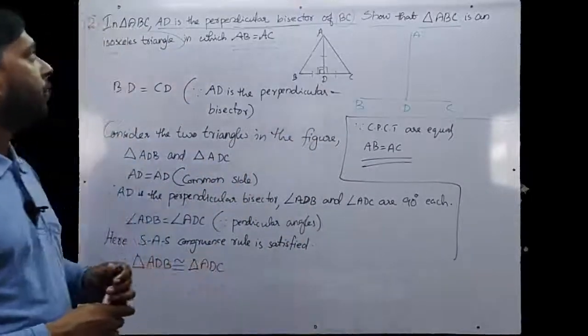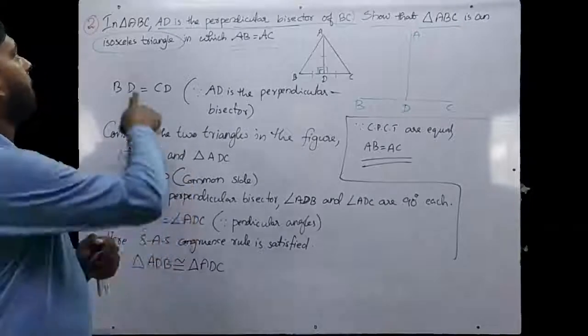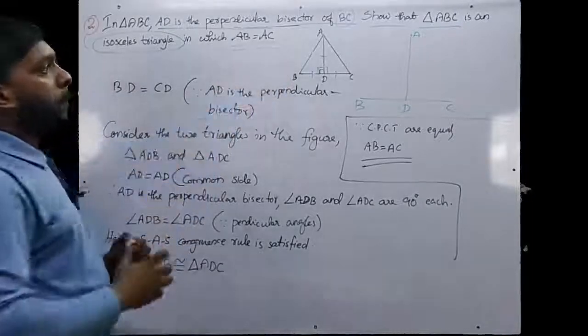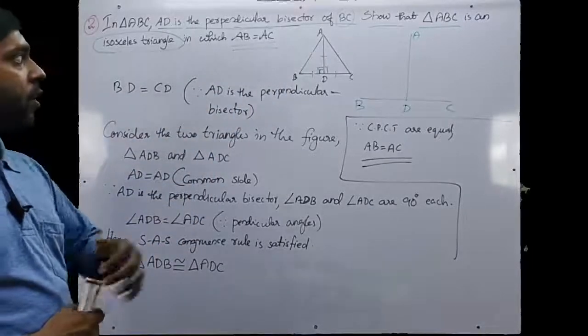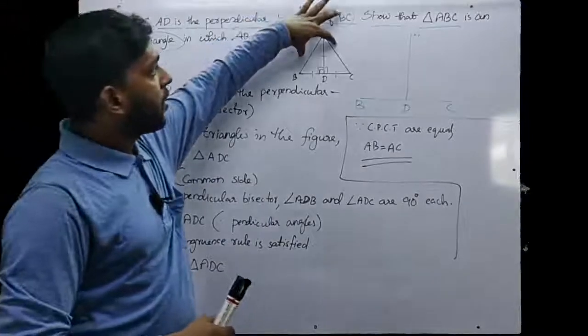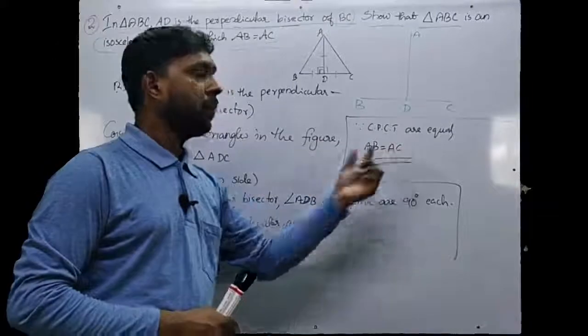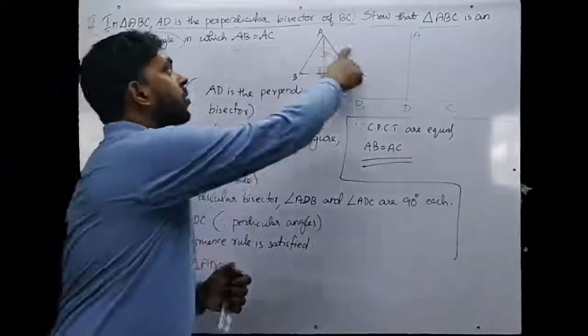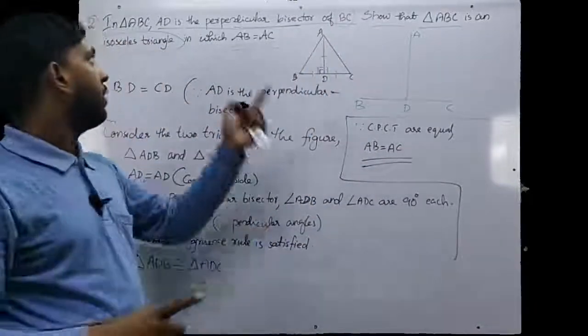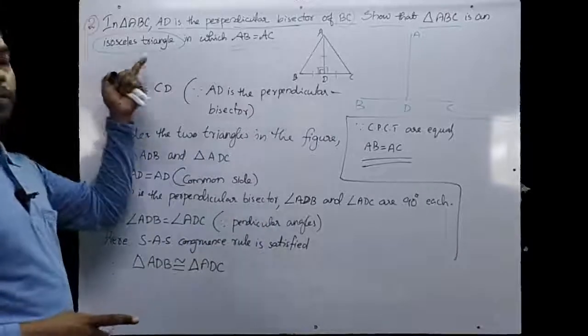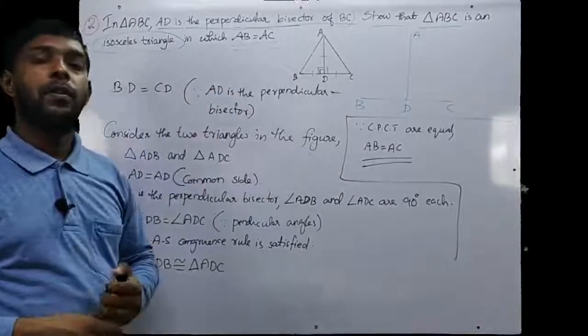So hence we have proved that it's an isosceles triangle. Why is it an isosceles triangle? Because two sides are now proven to be equal, side AB is equal to AC. Since these two sides of this triangle are equal, it's an isosceles triangle. So we have proven that AB is equal to AC.